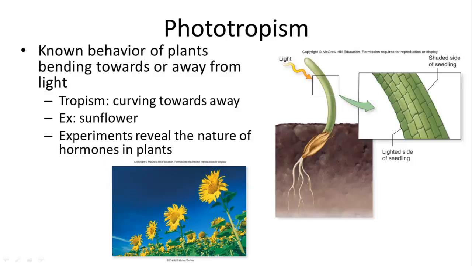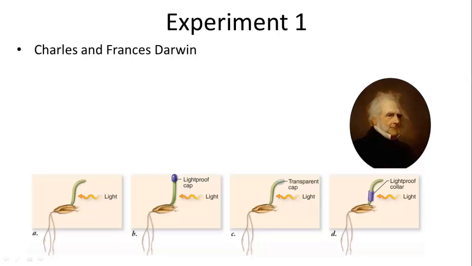So many experiments have been done to reveal the nature of hormones in plants, and we're going to go over a few of those, starting with Francis and Charles Darwin. Although Darwin is most well known for his theory of evolution, he did a lot of other experiments as well. And I believe Francis was his son.